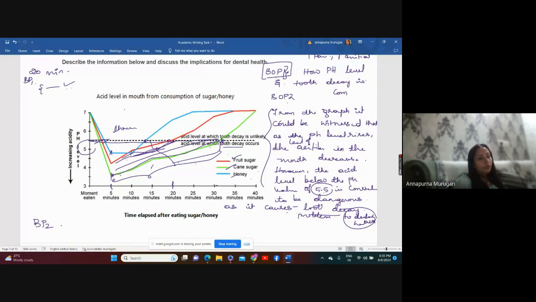Along with that, you describe the effect of honey in the first paragraph, and in body paragraph 2, you describe the one which causes more effect. Okay, that also you people can do. That means, see, our coherence and cohesion is maintained. Why is the coherence and cohesion maintained?